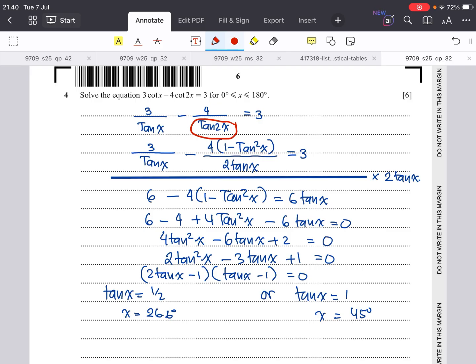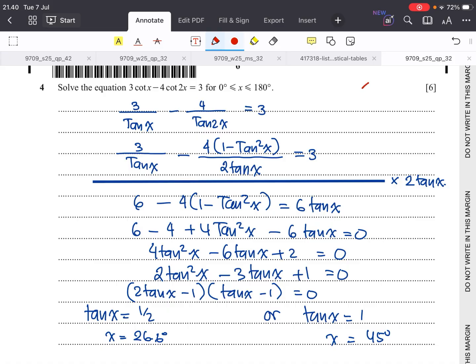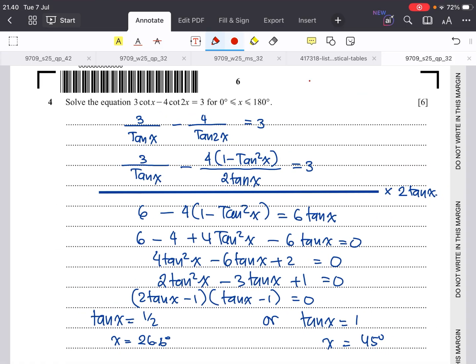And then expand tan 2x using the double angle formula, in which tan 2x we can expand into 2 tan x over 1 - tan² x.